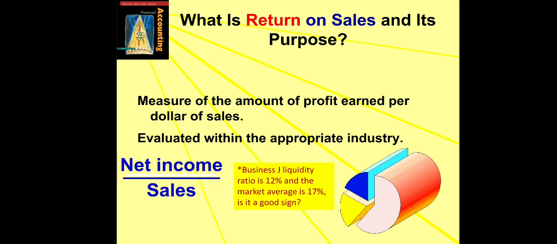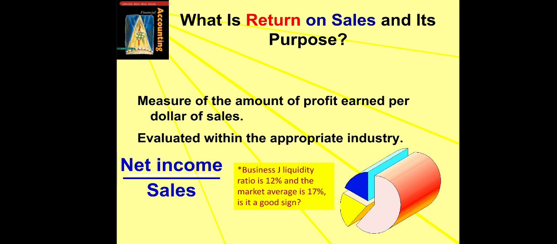Market average is the average of return on sales ratio for businesses in the same category as business J. Let's say business J is a supermarket. The return on sales ratio for business J is 12%, but on average, the supermarkets in the area have a return on sales ratio of 17%. So business J profitability is less than the market. It is not a good sign for business J.